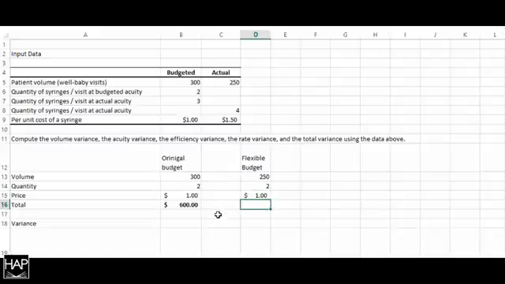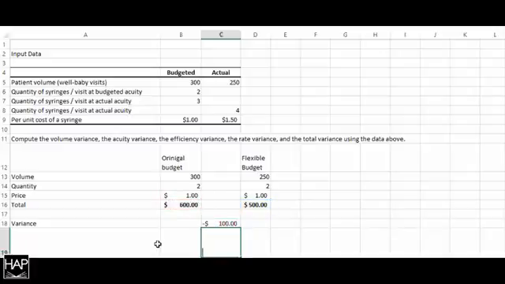To find out what the total amount of the syringes cost, I'm going to take the volume multiplied by the quantity of syringes per visit multiplied by the price of the syringes. According to the flexible budget, the total amount spent on syringes was $500 instead of $600. To find the variance, I take the flexible budget and subtract what the original was.